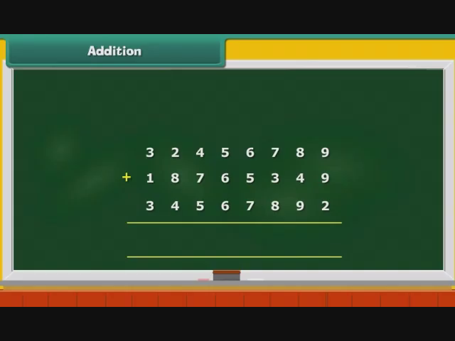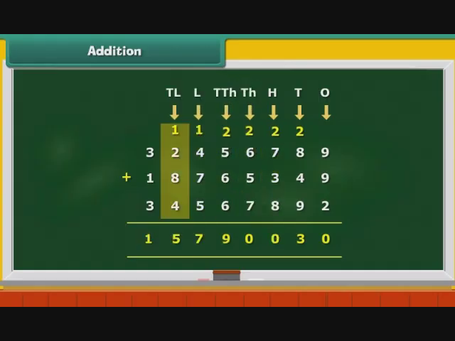Add the numbers. Start with the digits at the ones place. Then proceed to tens place, hundreds place, and so on. The sum is 85790030.